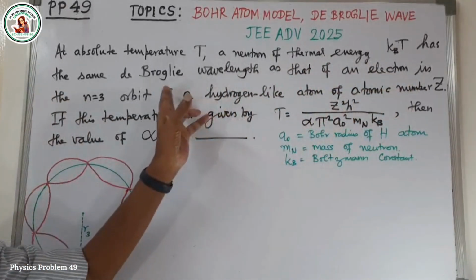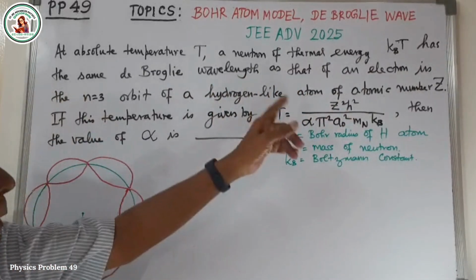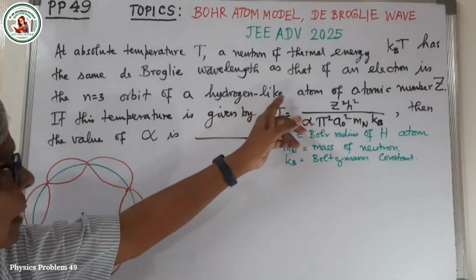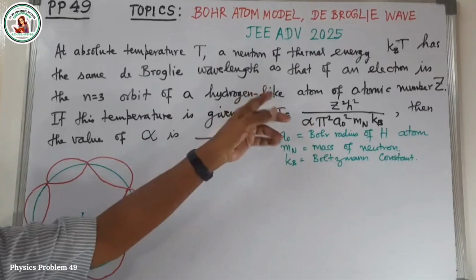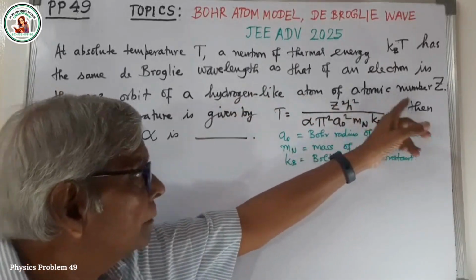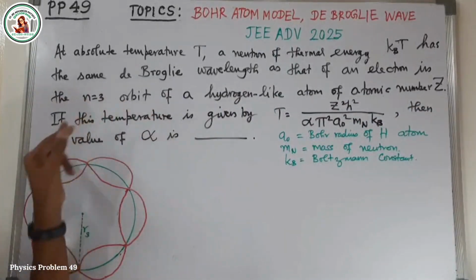It has a de Broglie wavelength because of its momentum. That de Broglie wavelength is given to be equal to the electron de Broglie wavelength of a certain atom of atomic number Z in its third orbit.